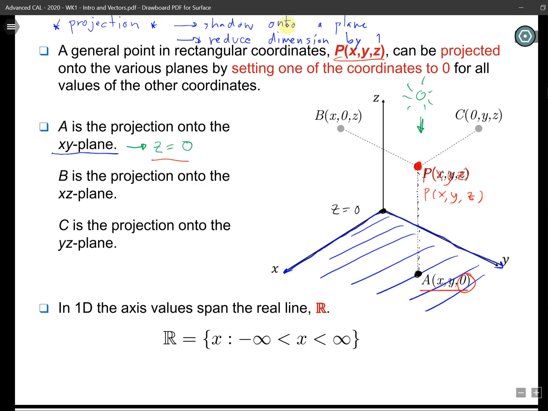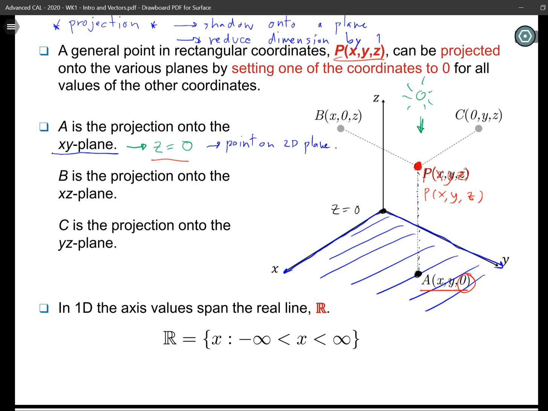All right. Point on 2D plane. So this is basically, we reduce the dimension of this point, the coordinate of this point, to just 2D. So, and that's why I wrote the reduced dimension by 1.